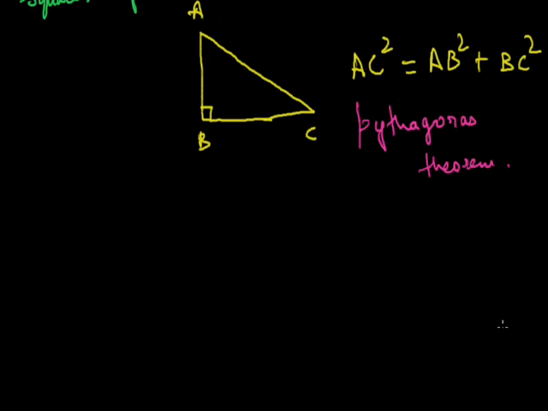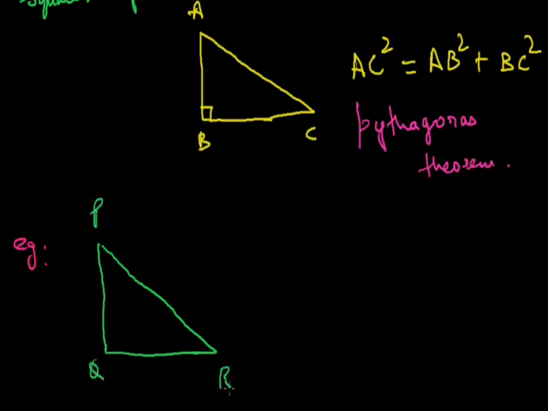Now the converse of this theorem is also true. Let us see an example based on this. PQR is a right angle triangle whose side PQ is 3 cm, QR is 4 cm, and we have to find the side PR.